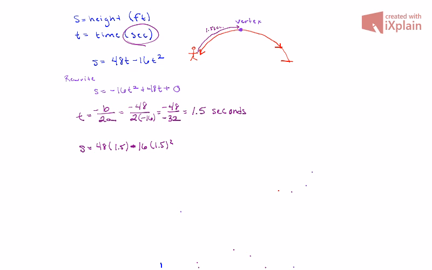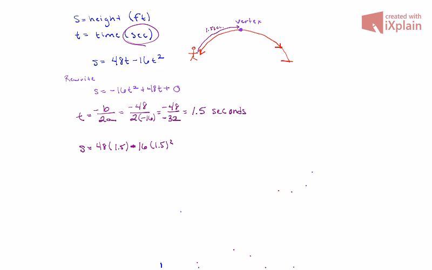Because if I know what t is, I can plug it back into the original equation, and the only variable that is left over would be s, which is the height. So if I plug 1.5 seconds into this equation, I will get the height value out.